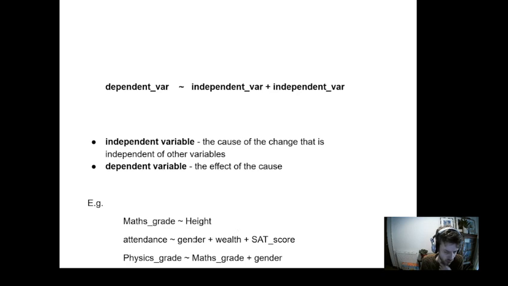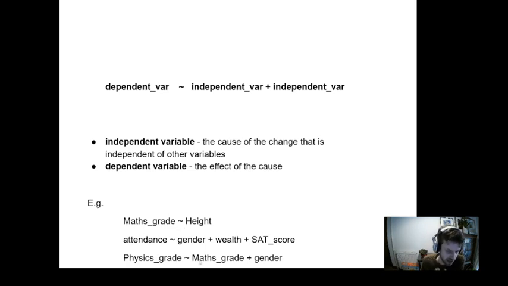And then what we can do, if we've got multiple items over here, is start to isolate them. We can say, what is the impact of gender on attendance if we are controlling the wealth of a student and the cognitive ability through a quite crude SAT score. So we can start to isolate the impact of each of these variables on the dependent variable.